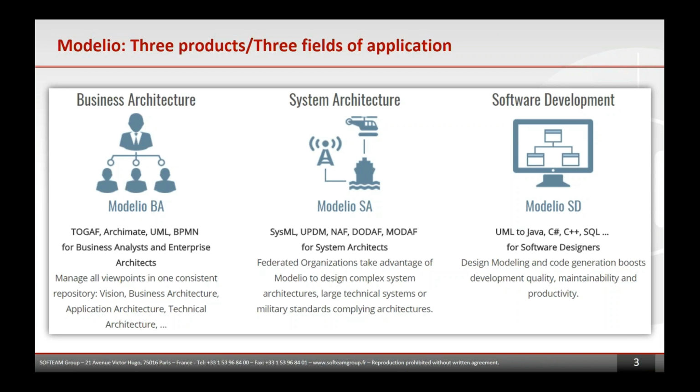There is a tool dedicated to system architecture using SysML, UPDM, and so on for system architects. And there is a tool dedicated to software development called Modelio SD, with dedicated code generators to generate Java, C#, C++, SQL, and other target code from the model.